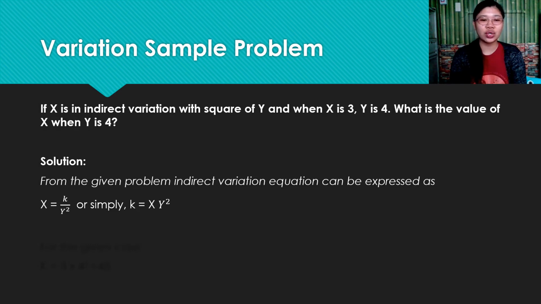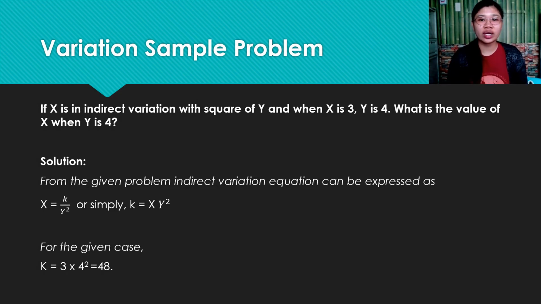So our equation is x equals k, our proportionality constant, over y squared. Or simply, you can move the denominator y squared to the other side of the equation, so we have k, our proportionality constant, equal to x y squared.